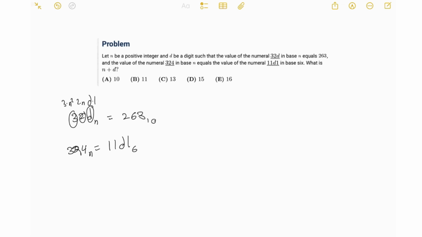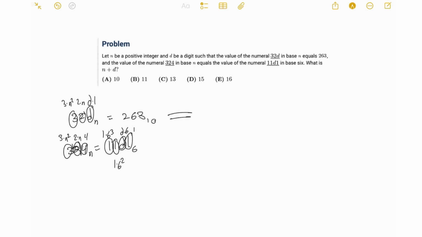And the 3 here represents 3 times n squared, the 2 here represents 2 times n, and the 4 here represents 4. The 1 here represents 1 times 6 cubed, the 1 here represents 1 times 6 squared, the d here represents d times 6, and the 1 here represents 1.